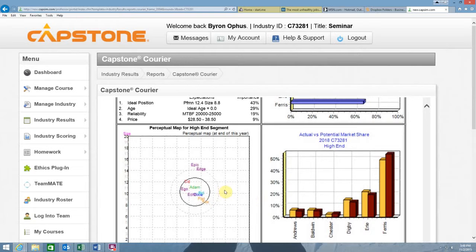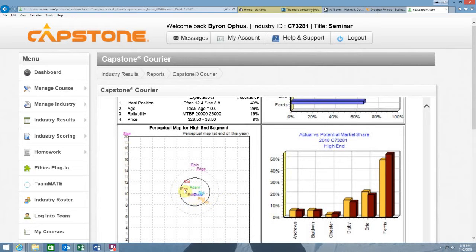As we get down here to the high end, far different than the practice rounds, right? Although we're seeing some similarities, because we're seeing some of these teams like Chester kind of vacating, and Adam and Bid and some of those, they're kind of hanging around. We see Ferris still dominating. Of course, they got two products, and again, they're right out here towards the front edge.